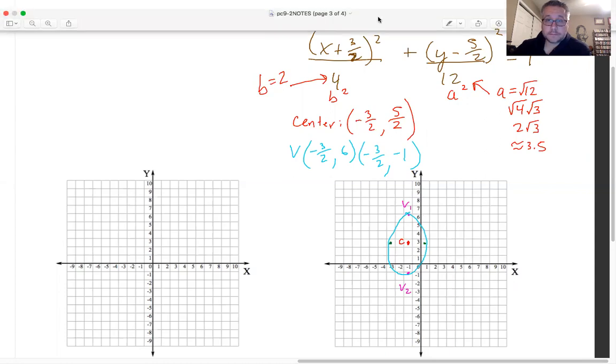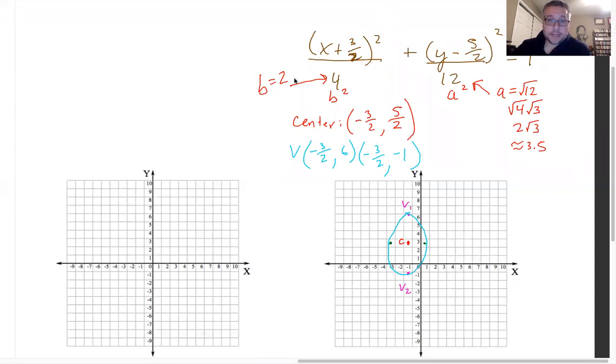Well, you're probably getting used to it by now. That is c squared equals a squared minus b squared. So we have c squared equals, let's see, 12 minus 4, which would mean c squared would be equal to 8.